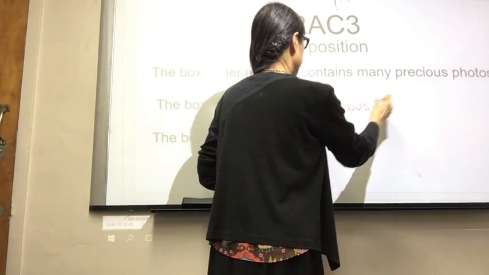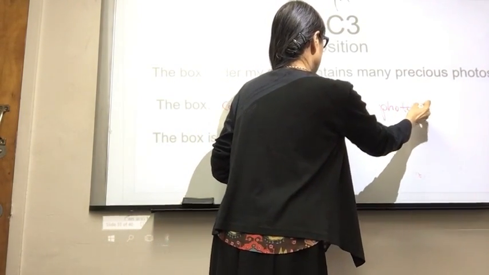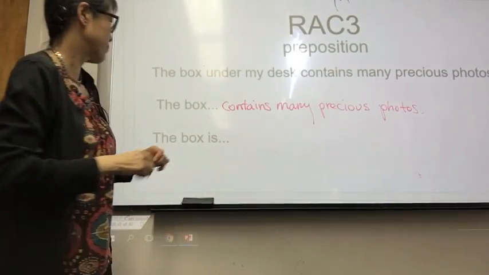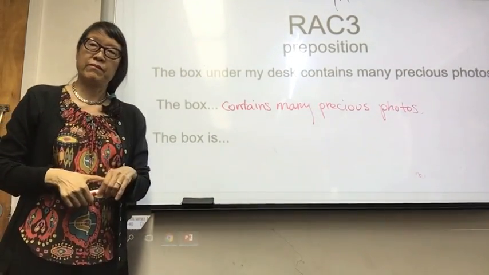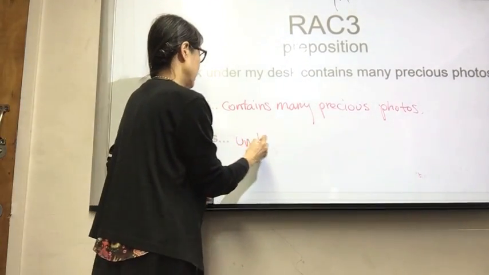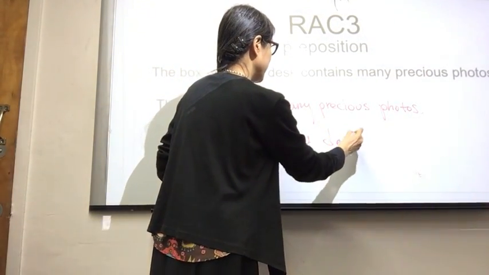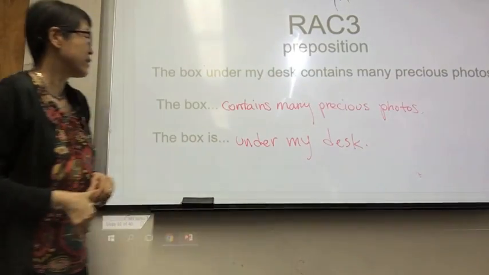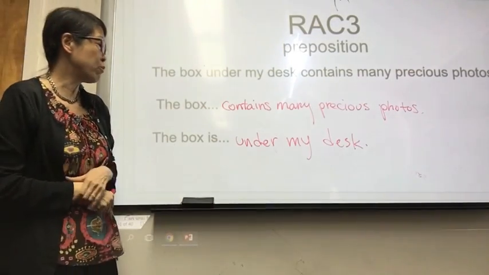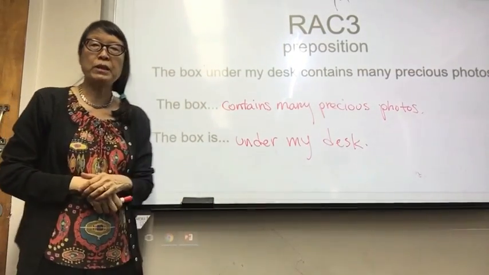How about the other sentence? The box is under my desk. Okay, actually I should have you guys come up here and write this down, but okay. So, the box contains many precious photos. The box is under my desk.